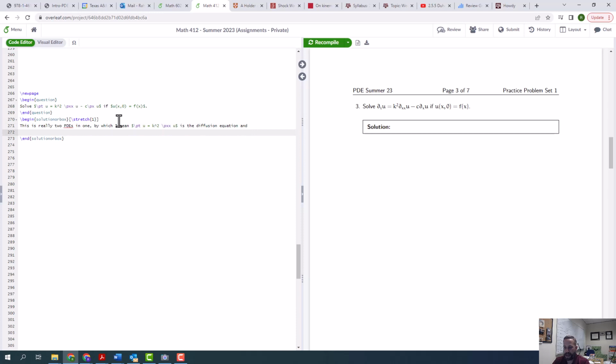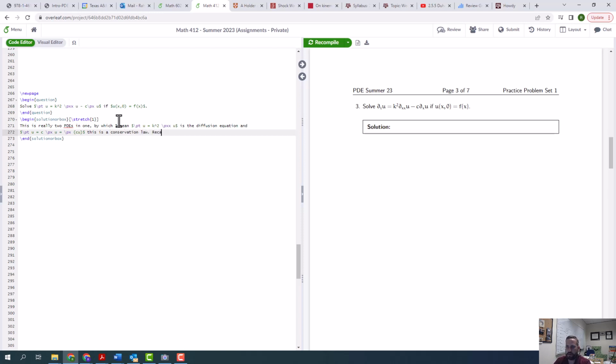If we look at the t derivative of u equals minus c times the x derivative of u, we can write this in conservative form, the x derivative of c times u. This is a conservation law.